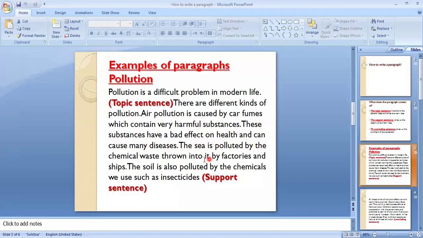The sea is also polluted by chemical waste thrown in. So this causes many diseases, and the top of these diseases is cancer. Chemical waste is thrown in by factories and ships. The soil is also polluted by chemicals. We also use insecticides. This is called the support sentences.